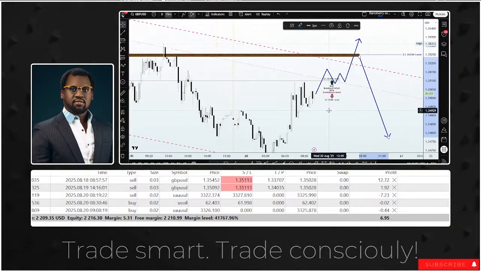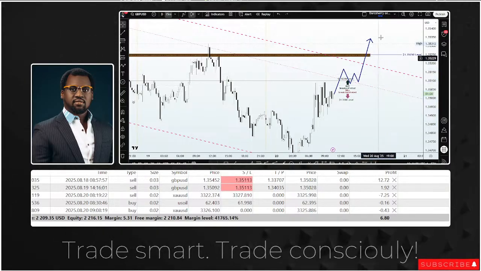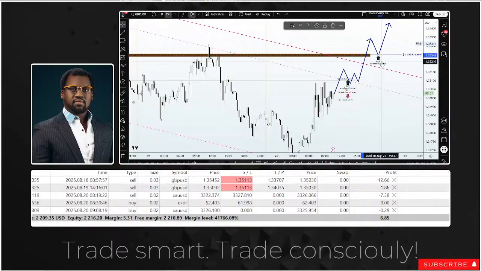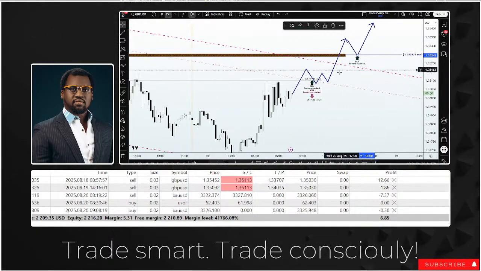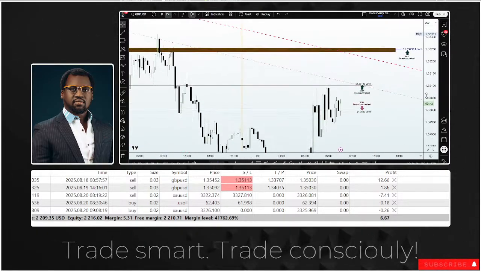Remember, we said how much this area has been a strong selling niche, and if it gets broken to the upside, this will further emphasize a bullish bias in that area, and we could be looking to add more buys at the break of the 1.3550 level. So that is basically what I am looking at.